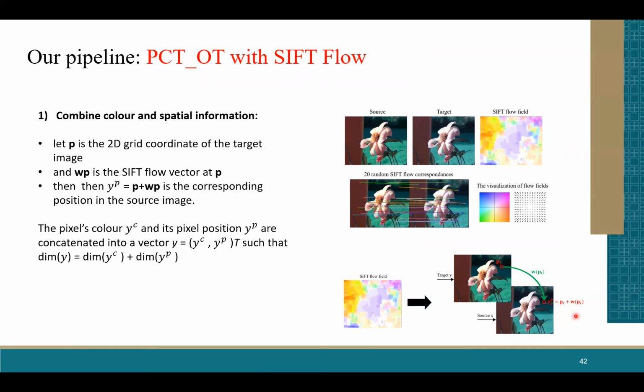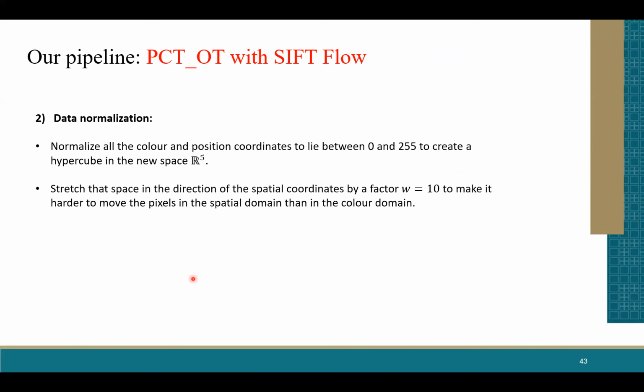We compute this value and we concatenate the color and the new position for the pixel in a 5D vector. In our paper, we use RGB color space, so it's 3D, and the position is 2D, so we have a 5D space. Next, we do the data normalization. All the position coordinates and the color are normalized to lie between 0 and 255 to create a hypercube in 5D space.